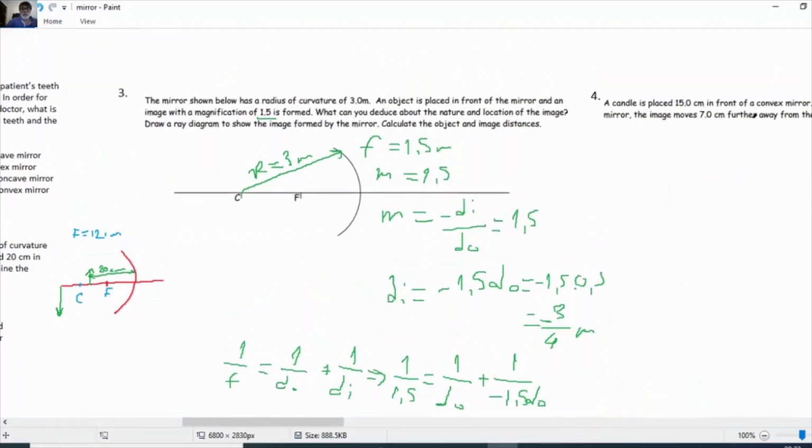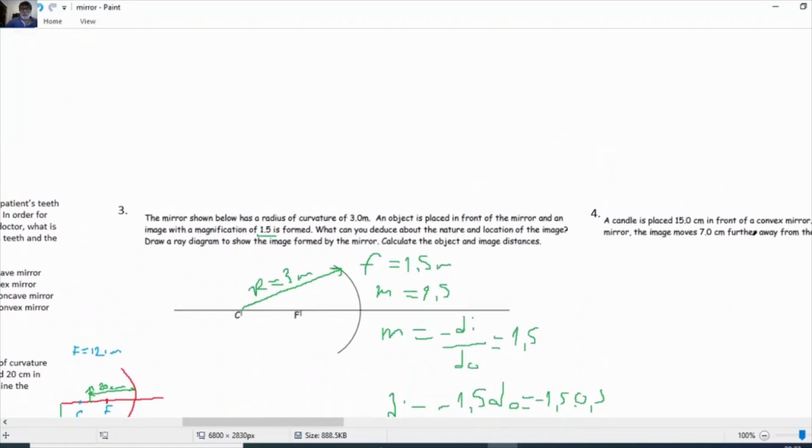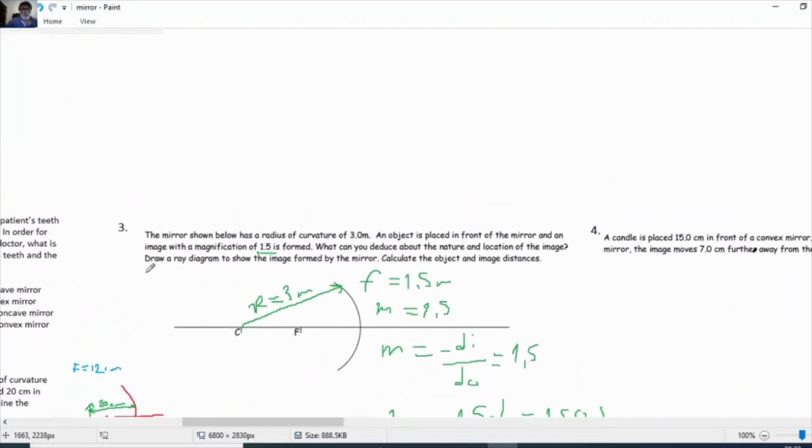So let's draw a ray diagram to show the image formed by the mirror. Let me draw my mirror here, and the focal length was 1.5, and this is the focal length f.